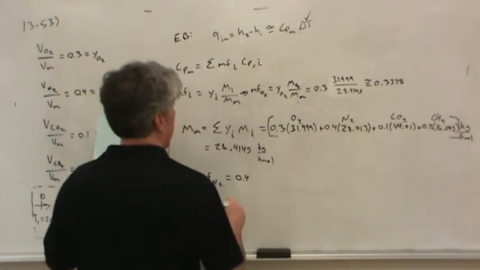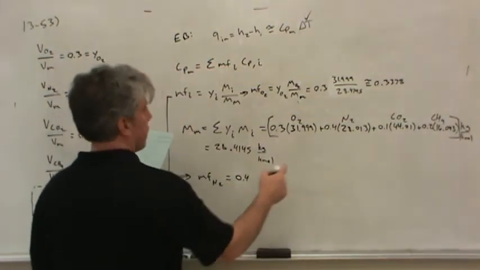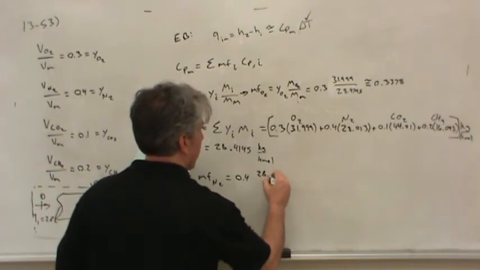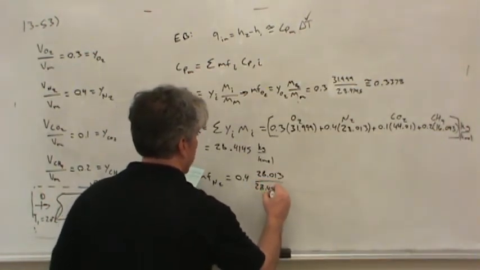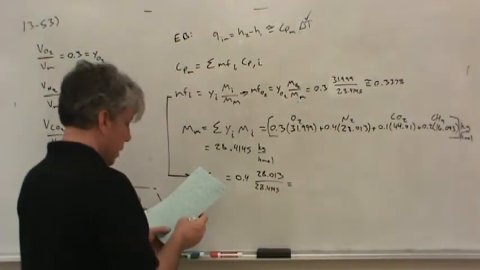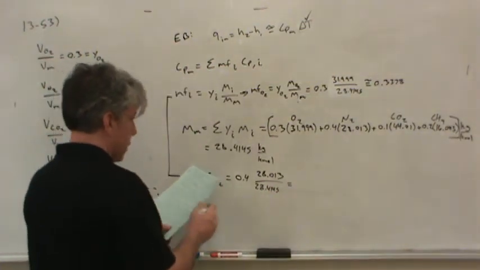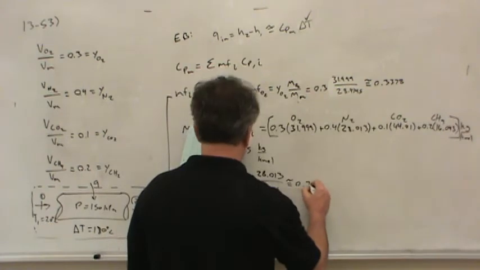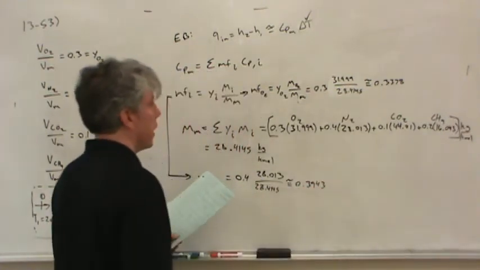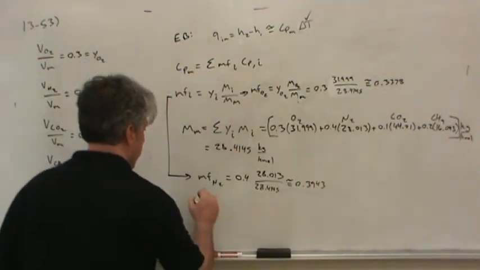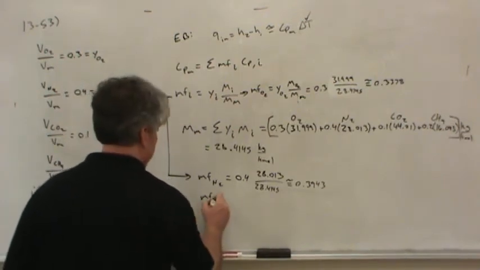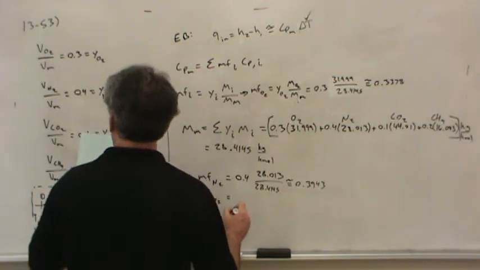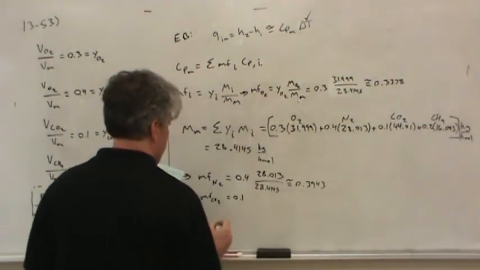So 40%, I need the molecular weight of nitrogen, so that's 28.013, and I need the molecular weight of the mixture, 28.4145, and so this comes out to a mass fraction of about 0.3943.